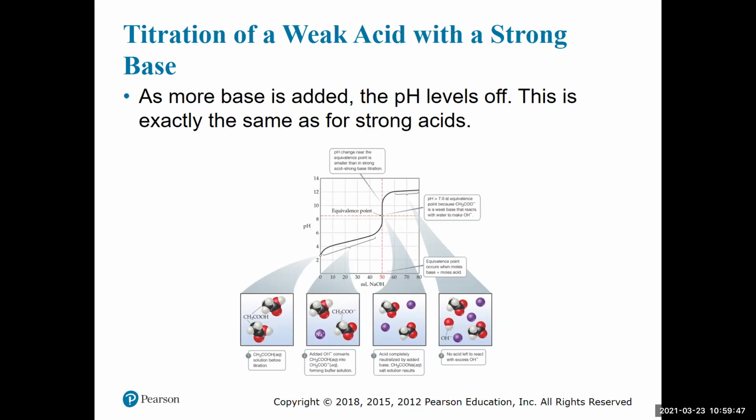And this is why I was saying, as we get to even weaker acids, that portion is even smaller, and it gets a little trickier even to kind of figure out where the best parts are. That's why the strong acid bases are the pretty ones, because you get that nice, longer, straight area. It's easier to figure out where the equivalence is. So there you have that equivalence point there, would be in the middle of that straight portion. And like I said, in this case, because of the acetate ion having some basic properties, you wind up with the equivalence point being above 7.